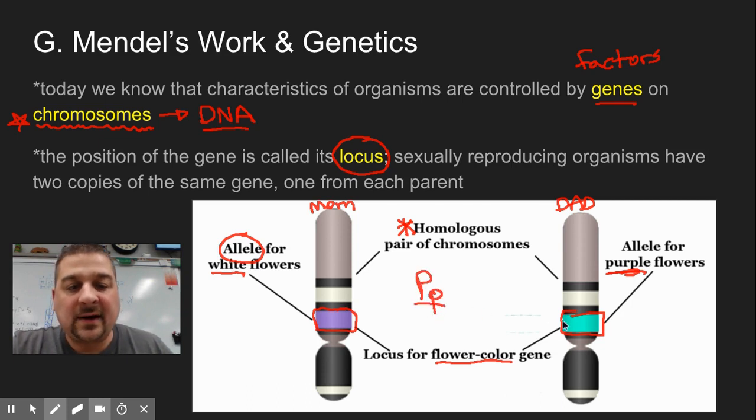This would be a hybrid right here because they have an allele for a dominant and recessive trait. And so when they have offspring, they have a 50% chance of passing on the dominant gene over here, or a 50% chance of passing on the recessive allele over here. And we now understand that through the idea of meiosis, gamete formation, and this idea of genes that are located in the DNA or chromosomes.